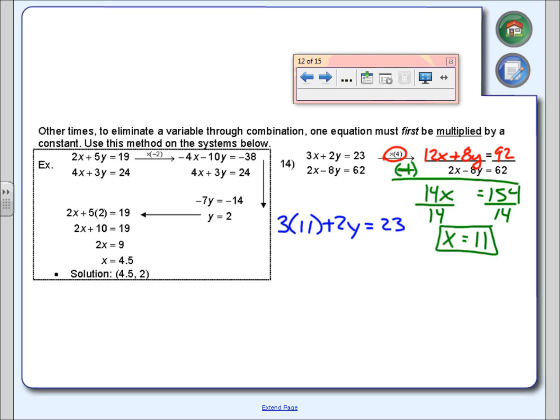So there's the first equation with 11 substituted in for x. Now I'm going to solve for y. 3 times 11, that's 33. The next thing I'm going to do is subtract 33. So that's going to leave me with 2y equals 23 minus 33, which is a negative 10.